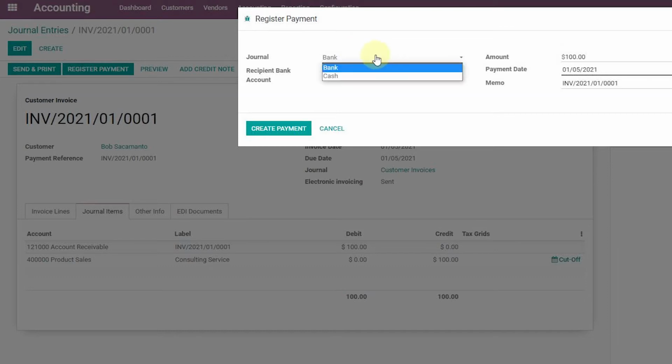If it was a cash payment, we could switch to cash. This is a way that each journal can keep track of which asset account the money is going into when you collect the payment. It automatically defaults to 100 here, and we're just going to go ahead and click create payment.